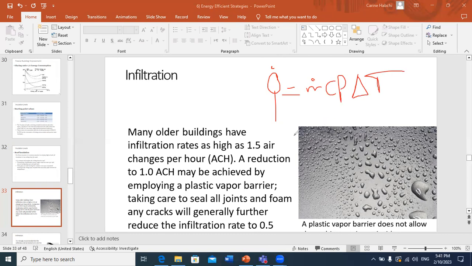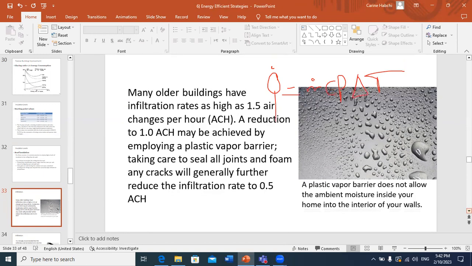Many older buildings have infiltration rates as high as 1.5 air changes per hour, which is really high. A reduction to 1 air change per hour may be achieved by employing a plastic vapor barrier, taking care to seal all joints and foam any cracks, which will generally further reduce the infiltration rate to 0.5 air change per hour.